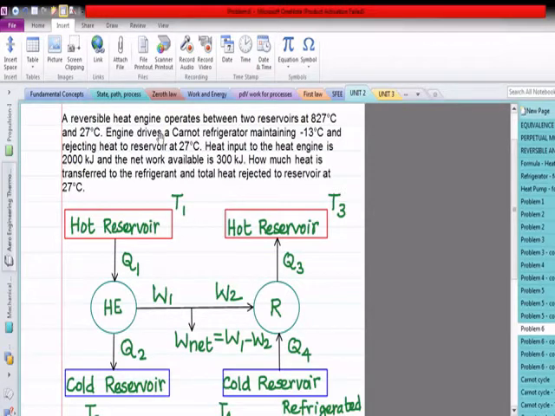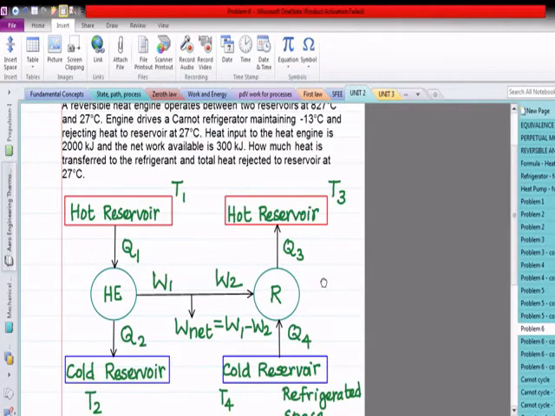Coming to the second sentence of this problem, it is given that a refrigerator is maintaining minus 13 degrees. This minus 13 degrees is the temperature of the cold reservoir. The cold reservoir we always understand as the refrigerated space inside the refrigerator.